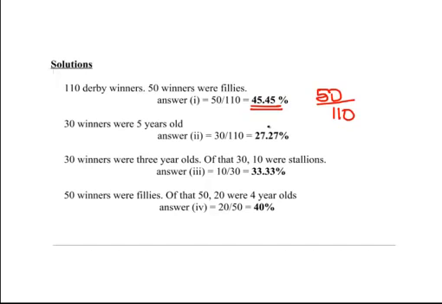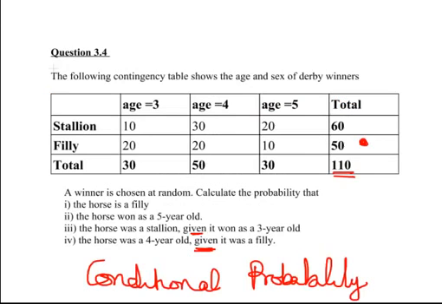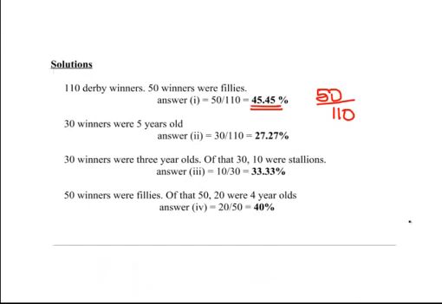The second question was the probability of a randomly selected horse being a 5-year-old. We do something similar here. There were 30 five-year-old winners, and 30 out of 110 gives us 27.27%.